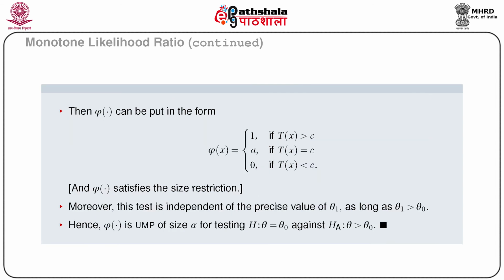Then the above test function can be written as phi(x) equals 1 if T(x) greater than c, equals a if T(x) equals c, equals 0 if T(x) less than c, and it satisfies the condition expectation under theta naught of phi(x) equals alpha. Such a test is independent of any theta 1 greater than theta naught, and hence it is UMP of size alpha for testing H: theta equals theta naught versus H_A: theta greater than theta naught.